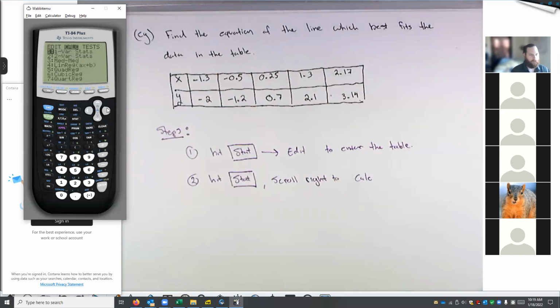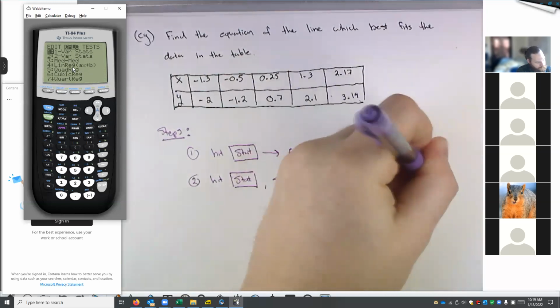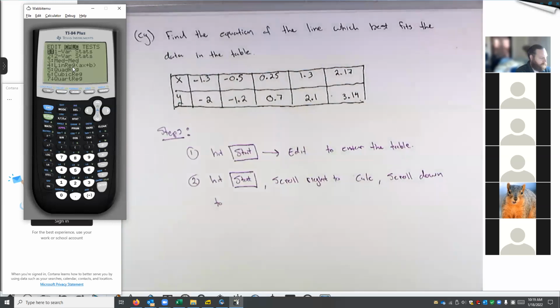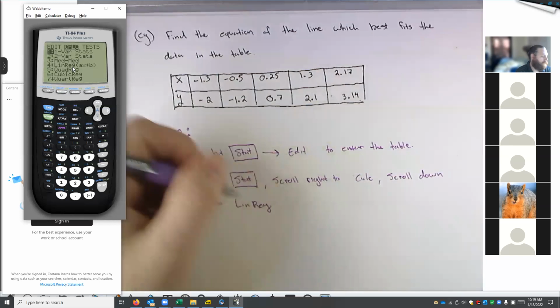And then you're going to scroll down to, in this case, item 4, it'll always say LinReg.